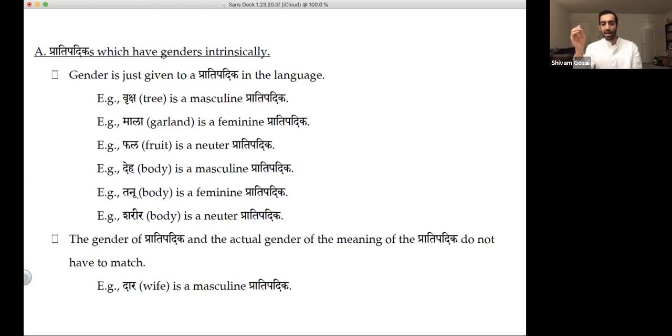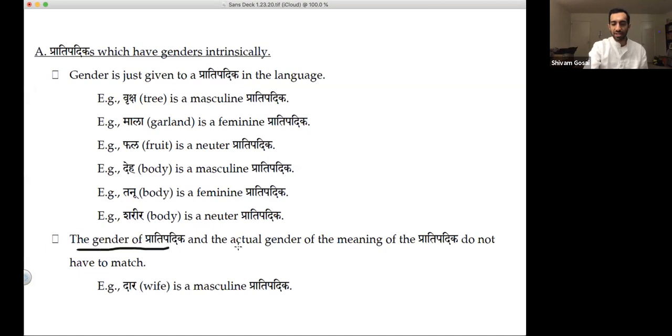I mean, sometimes the gender matches up with the cultural stereotype for that thing. Flowers may be seen as feminine, so garland is feminine. But we need to look at this last point here: the gender of the pratipadika and the actual gender of the meaning don't always match. Sometimes they do, sometimes they don't. The example is given of dhara.